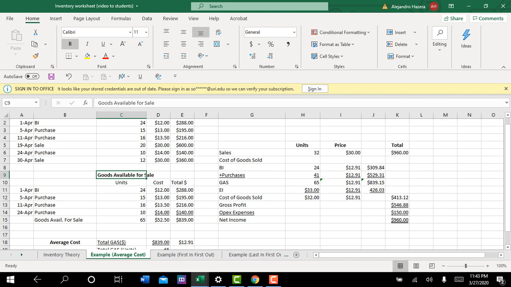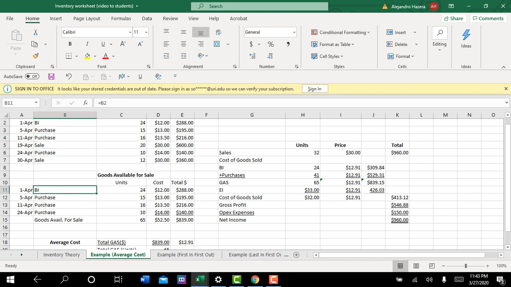Notice that all I'm doing in this goods available for sale table is pulling my beginning inventory and all three purchases: the April 5th purchase, the April 11th purchase, and the April 24th purchase. So let's go over here. My beginning inventory comes from the second row there.